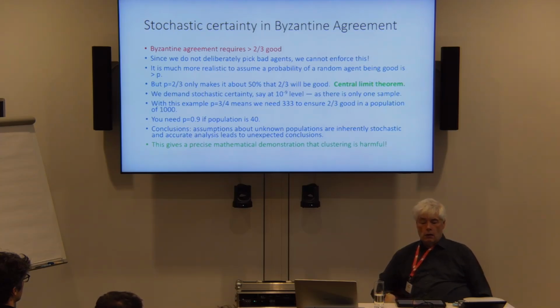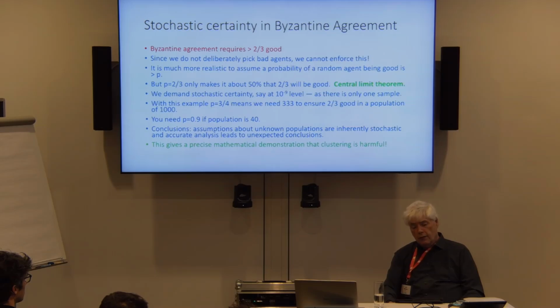And if you actually do the sums, I've done a lot of these sums, if you put p equals 3/4, in other words, it's only 1/4 likely that an agent will be bad, then we need actually to pick 333 of them. If there are 1,000 altogether, if we've got 1,000 agents, I need to pick 333 of them to ensure that 2/3 of them are good, or something like that. Yes, that's right.